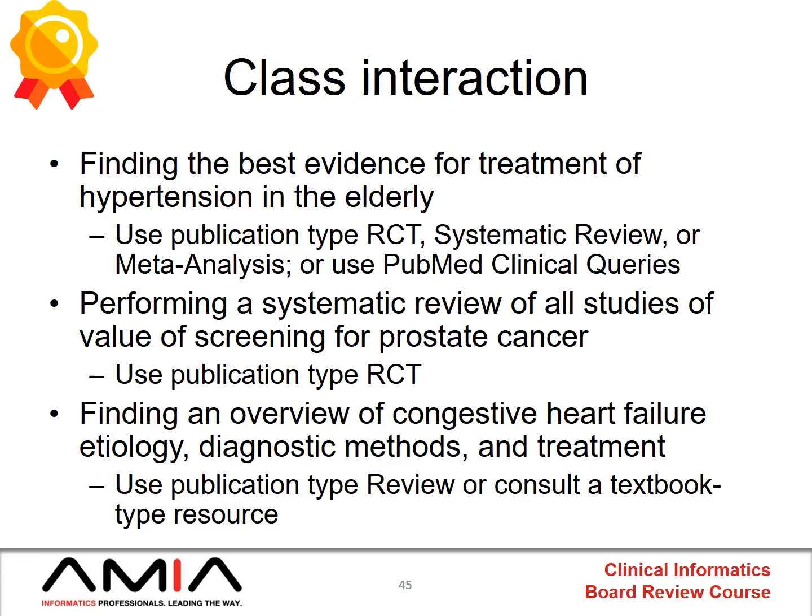Finally, finding an overview of congestive heart failure, etiology, diagnostic methods, and treatment. We might look for a classical review article in the literature, or we may consult a textbook type of resource that gives us an overview of congestive heart failure.